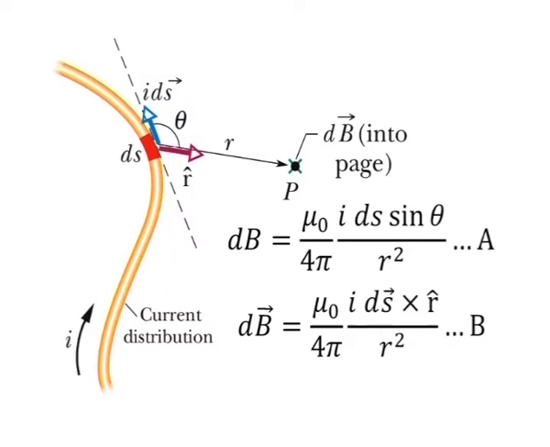This vector equation and its scalar form, that is equation A, are known as the law of Biot and Savart. The law, which is experimentally deduced, is an inverse square law. We shall use this law to calculate the net magnetic field produced at a point by various distributions of current.